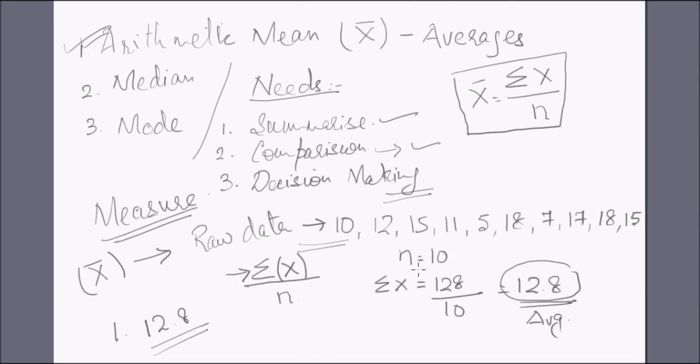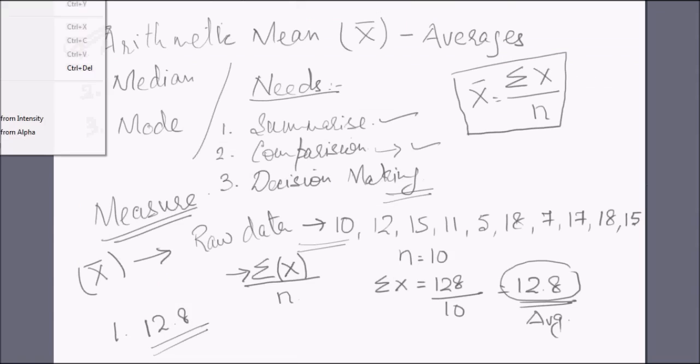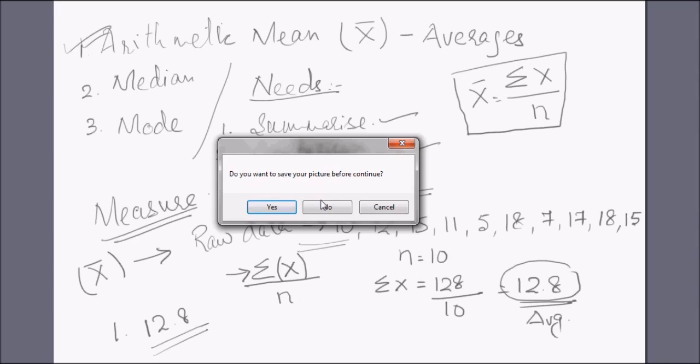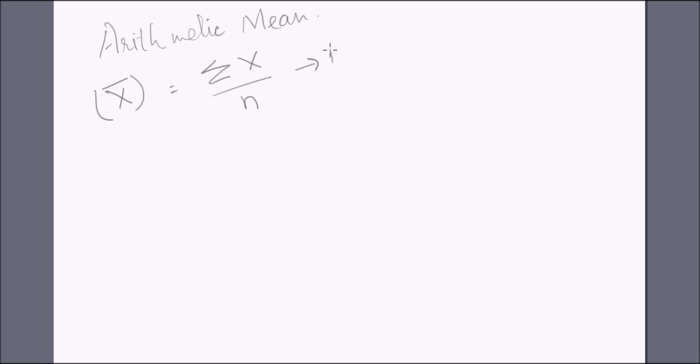Alright, so let me just summarize the formula of what we have learned today. The first topic we have seen is arithmetic mean. We represent it by x bar, and the simple formula to find the mean is the sum of the variables divided by n when we have, say, raw data.